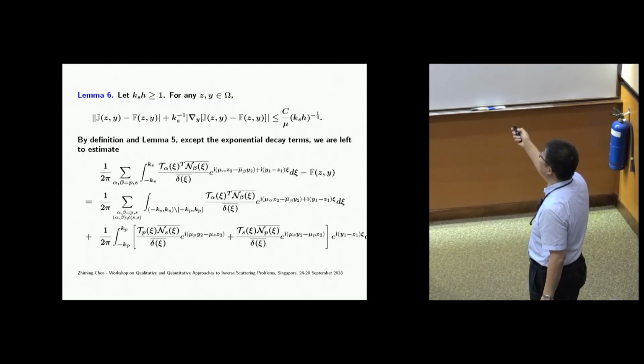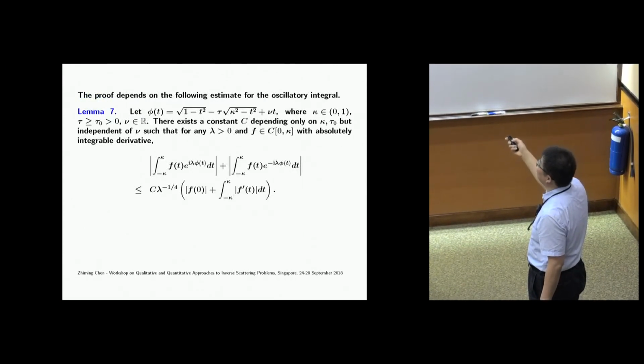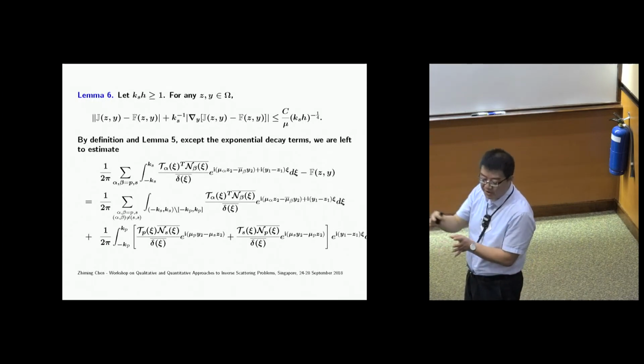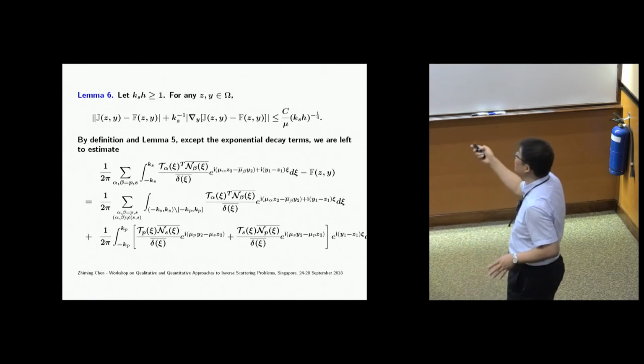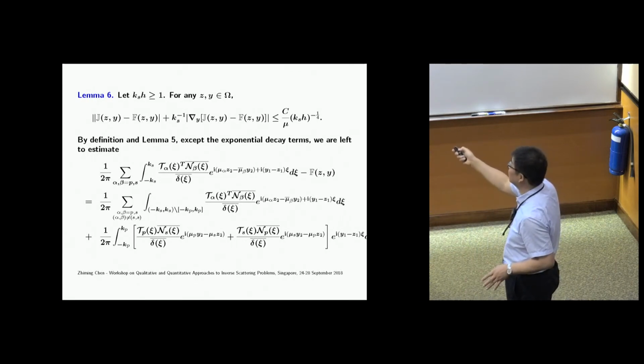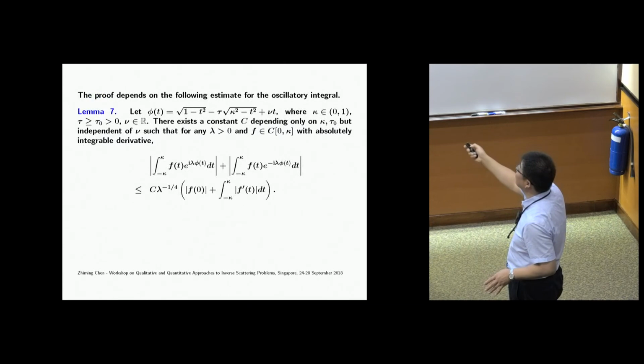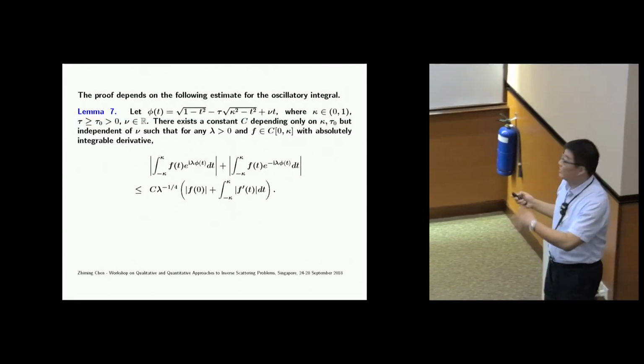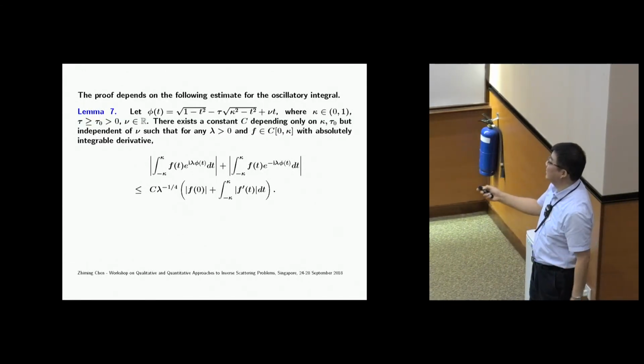Again, an interesting point is the phase function. The phase function for the half-space elastic waves has two wave speeds, the p wave and the s wave. The most difficult term is here, and this becomes this kind of phase function, so the decay is 1/4.